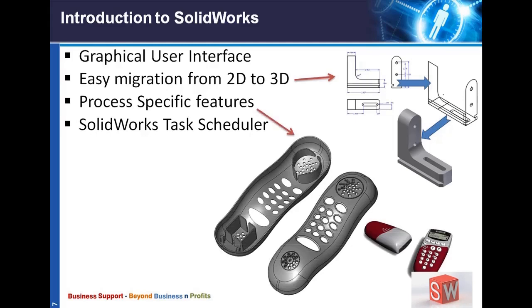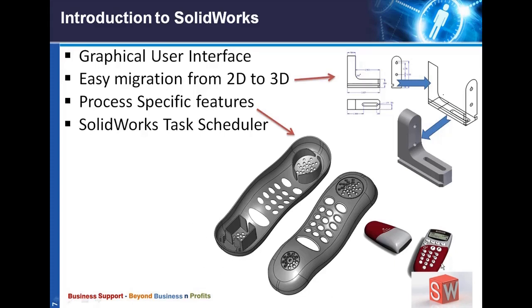There are two components. One is a phone and one more is a calculator. And if you look into these products, there are some specific features that you will be using frequently. For example, there is a hole we call a vent hole, and there is one more mounting used for assembling two components.